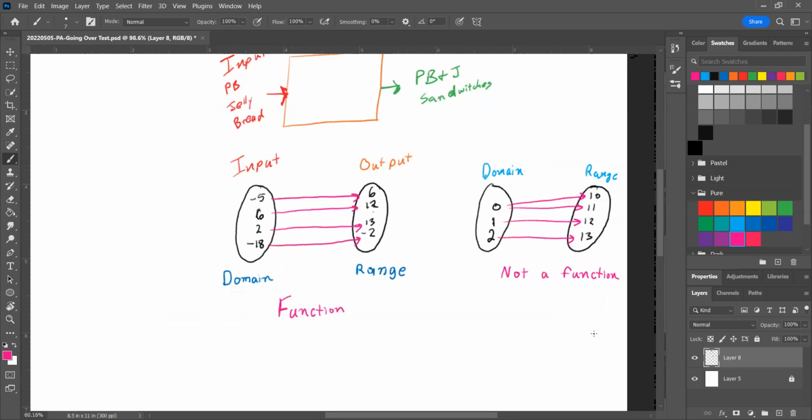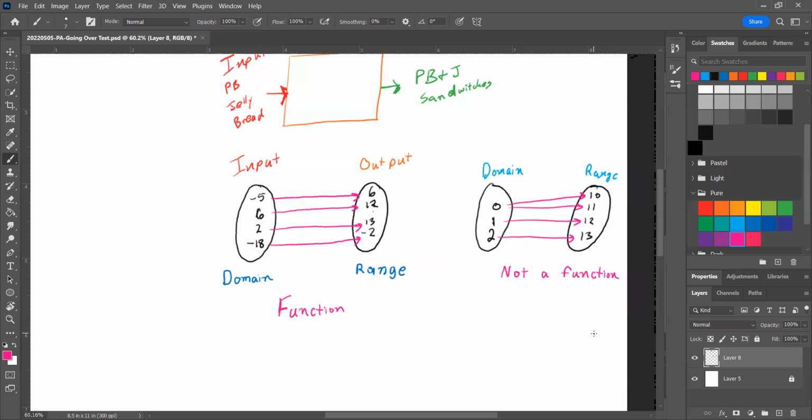Why is this one a function and that one's not a function? So it's missing a number. What else is true about it? The 0 is pointing to two different things. So it has two possibilities.